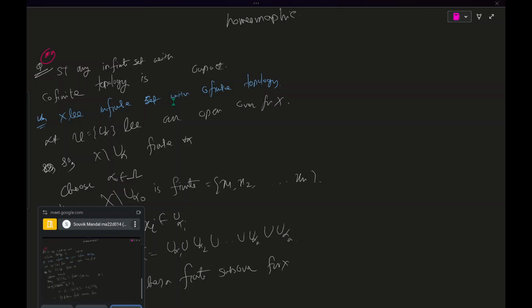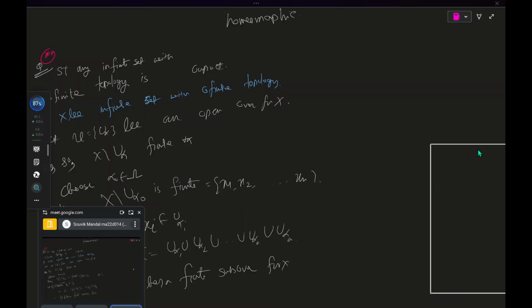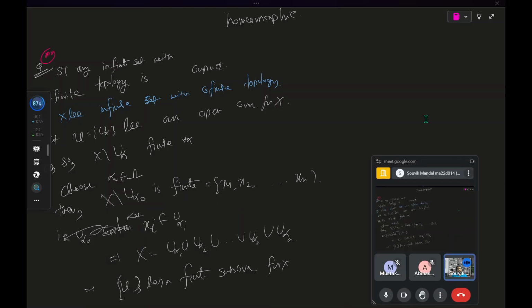Suppose X is an infinite set in the cofinite topology. We need to show that X is compact. For that, we take some open cover of X, call it U, an open cover of X.